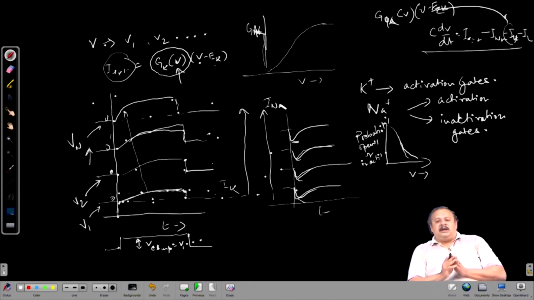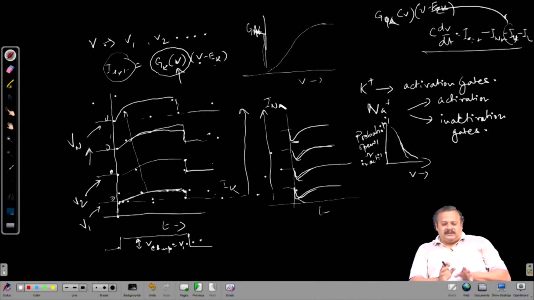And what Hodgkin and Huxley proposed is that this can be modeled by assuming that potassium channel opening is controlled by gates that are activated by voltage, that is, activation gates, so with increasing voltage more and more of those gates will open. And sodium channels have two types of gates, activation as well as inactivation. One behaves like the potassium channel gates and another behaves in the opposite way, that is, as voltage increases, their closing chances keep on increasing, or their opening increases with decreasing voltage.